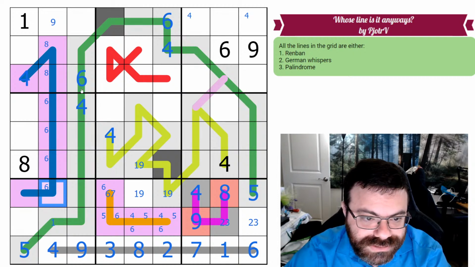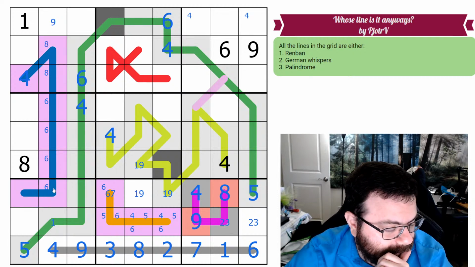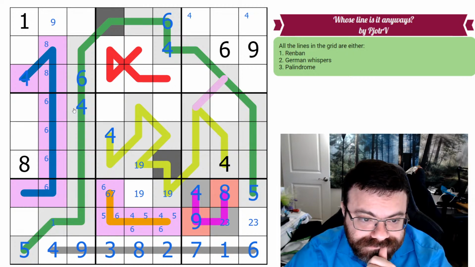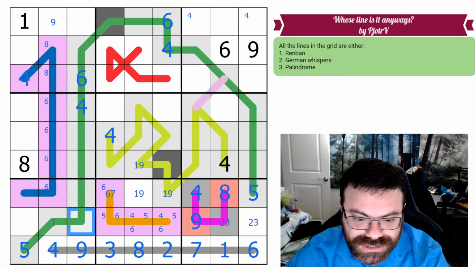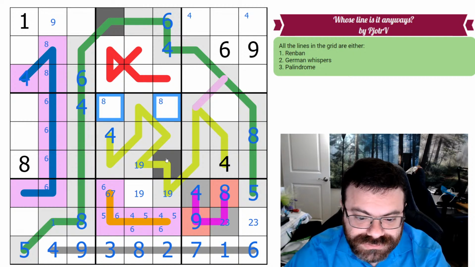Oh, this sees an 8, so there's an 8 up here now. So yes, that does place an 8 here, which places an 8 here. Eat one of these two.